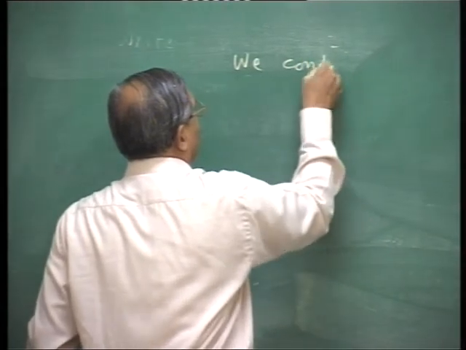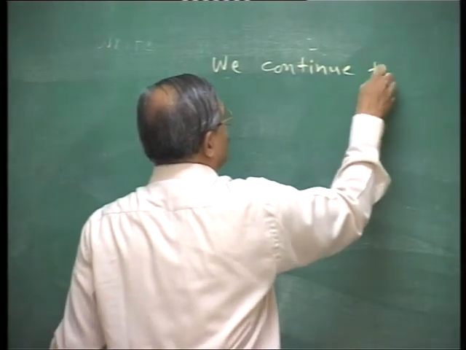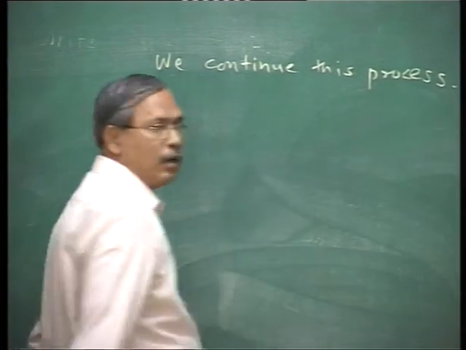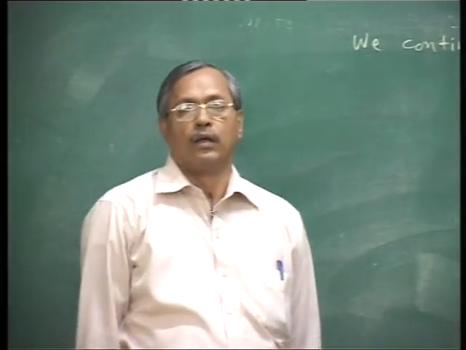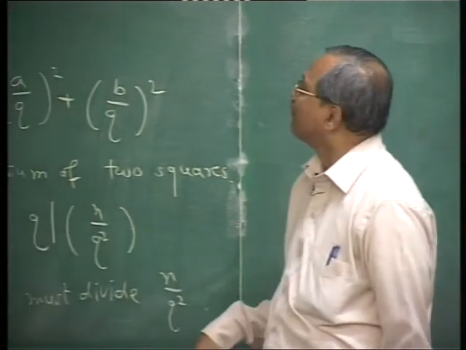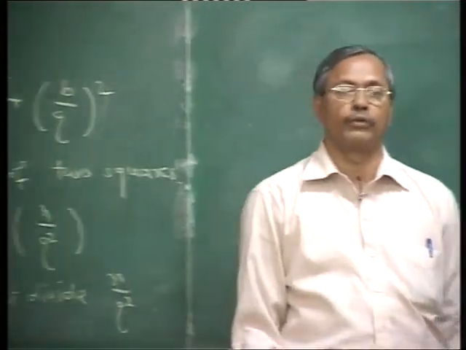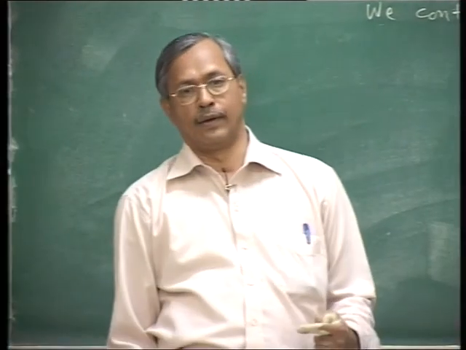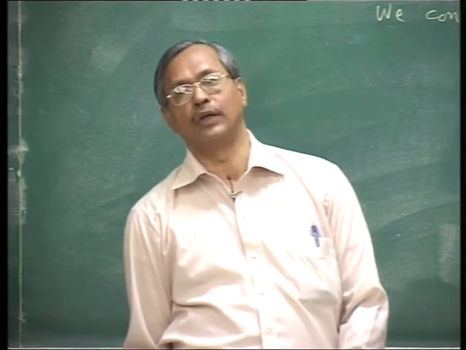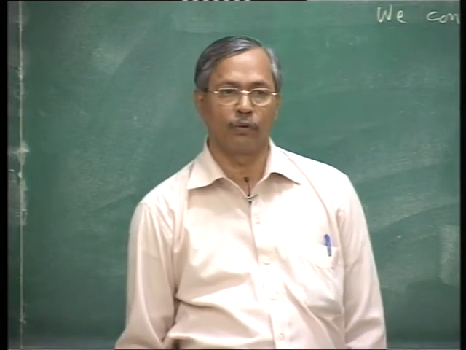Every time you get numbers which are divisible by a smaller power of q, n by q square, then n by q raised to 4, divisible by still smaller power of q.